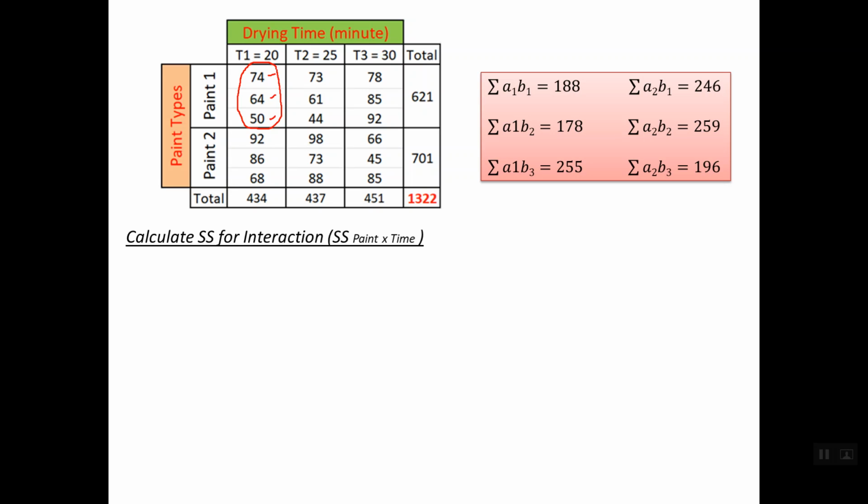So the total for this group is simply the summation of A1 times B1. A1 here represents the first level of the paint, and B1 represents the first level of the second factor, which is T1. So the total here is simply 188. And if you notice, the number of observations is equal to 3.